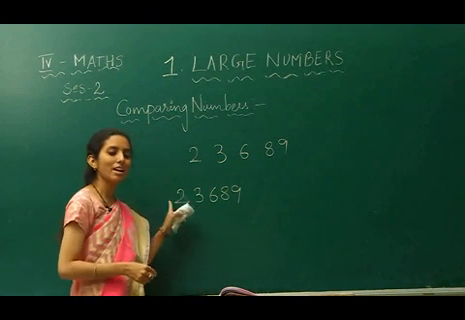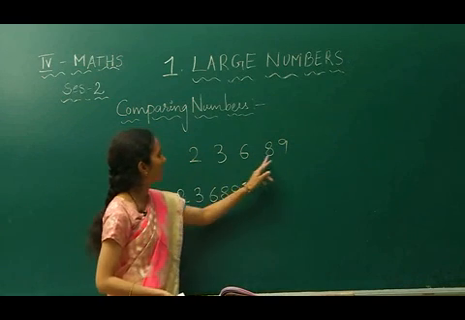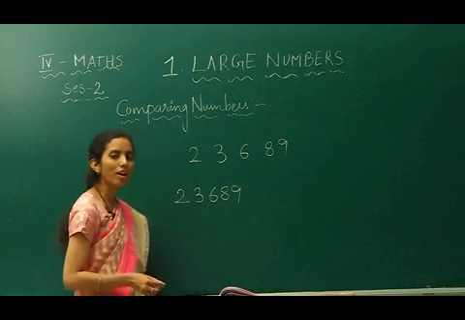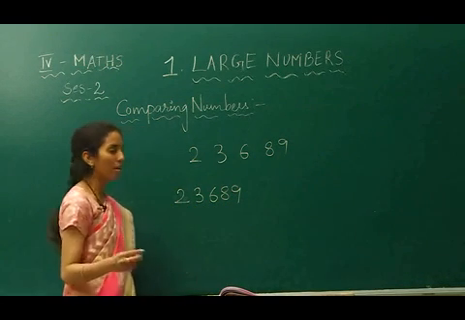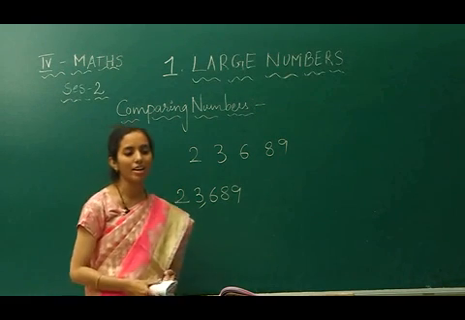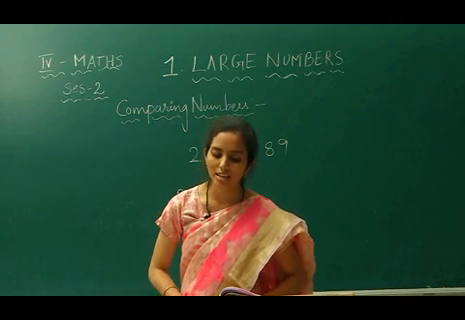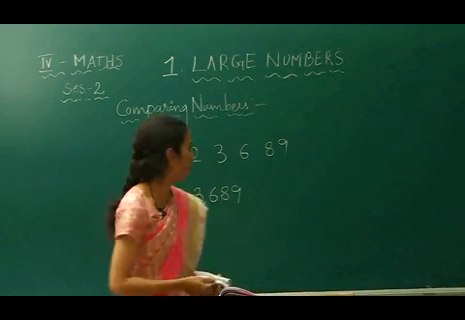Already these numbers are in ascending order. Yes or no? So, the possible smallest number is 23,689.